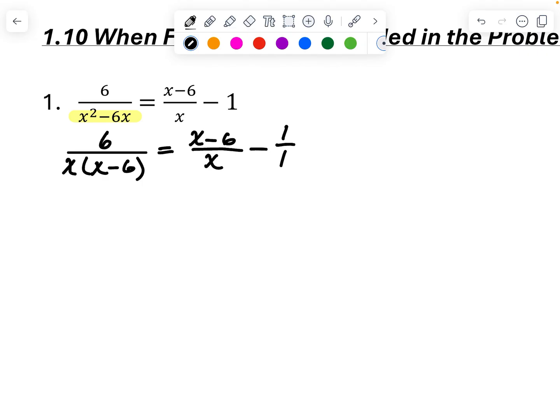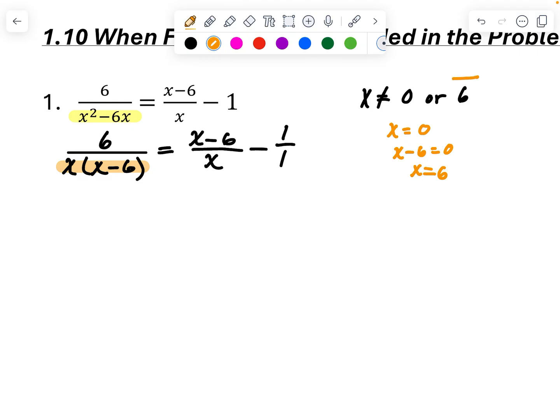At this point, you should make a list over here of x cannot be. And x cannot be 0 or 6. And the reason x cannot be 0 or 6 is because if we look at this denominator, if we were to take x and set it equal to 0, or if we were to take x minus 6 and set it equal to 0, then those are the numbers that if we put it in the problem would be undefined.